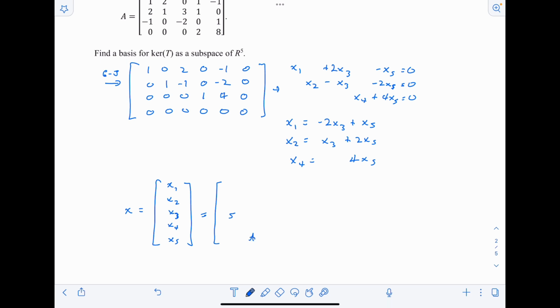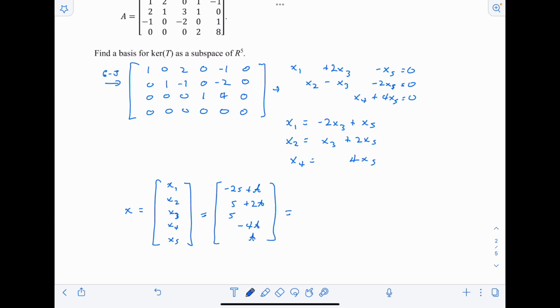So then x1 is going to be -2s plus t. x2 is going to be s plus 2t. And x4 is -4t.